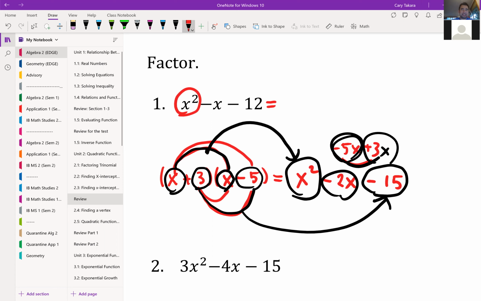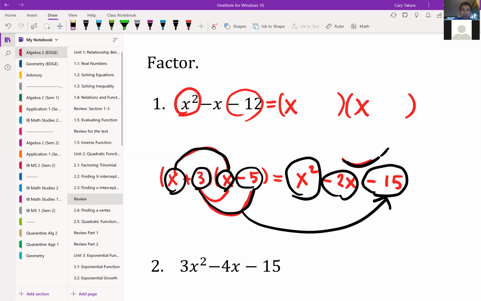How do you get x squared? There is only one possibility in this case. It's x and x, right? And then you're going to skip the middle, but you're going to ask yourself, what times what gives me negative 12? Okay.